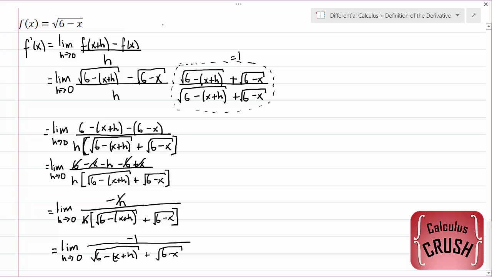Okay, I'm going to move up here. Now let's take the limit as h goes to 0. So wherever we see an h in here, we need to make it equal to 0. So what we end up with, once again, I'm going to write the bottom first: the square root of 6 minus x plus the square root of 6 minus x, and a minus 1 on top.